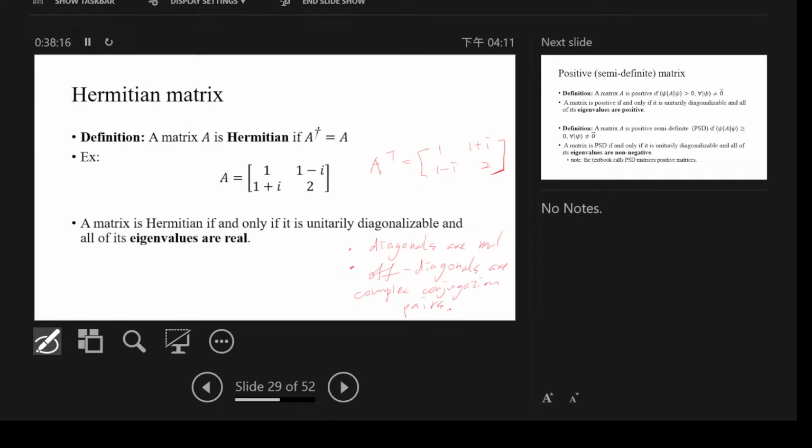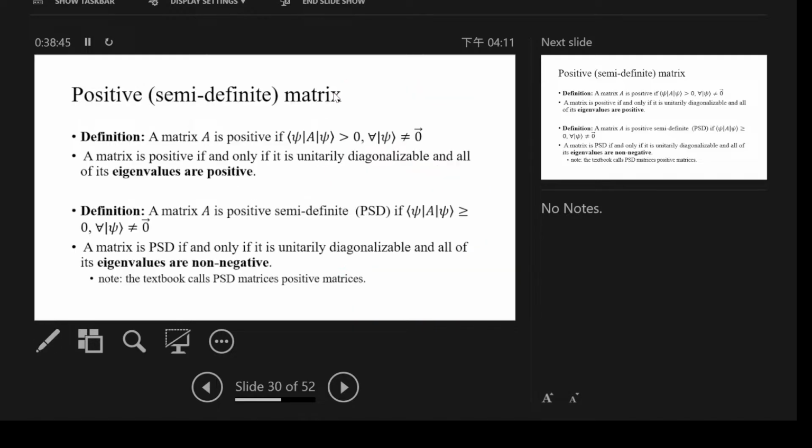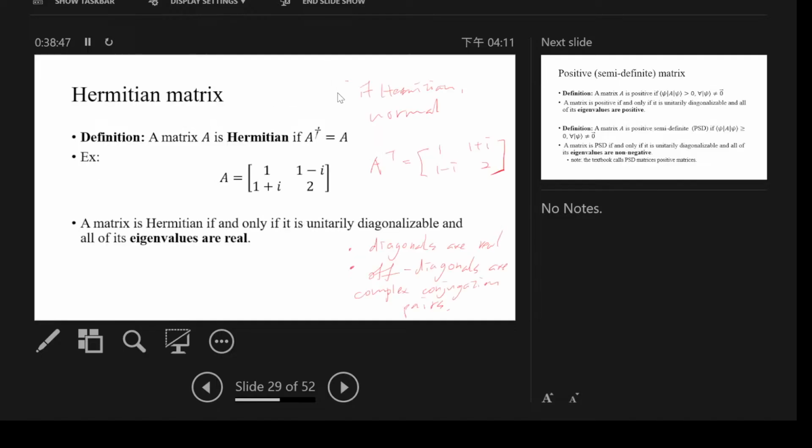Okay, so this is Hermitian, and from this you should be able to see easily that if a matrix is Hermitian, it is normal. It's like a quiz you can think about yourself.